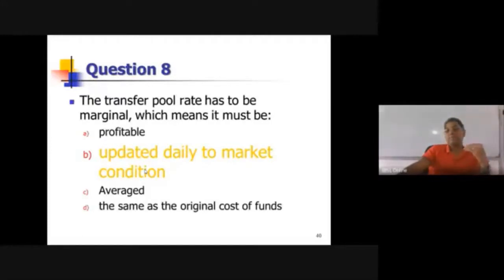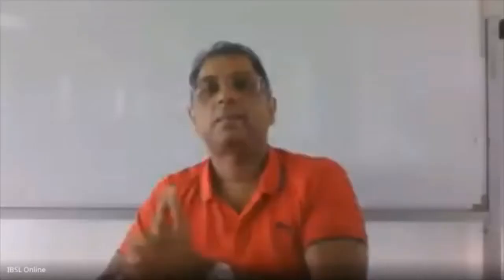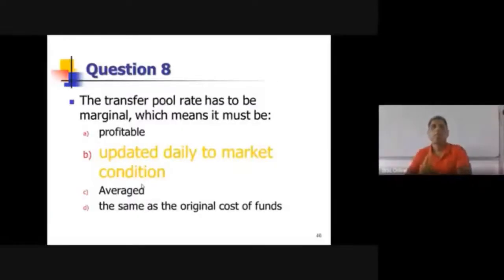But it doesn't mean that you continue to do that. You could then be today lending at a higher rate or borrowing at a lower rate, depending on where the rates are. So the marginal cost has to be taken in to see, okay, now what is my cost of borrowing the next rupee at?